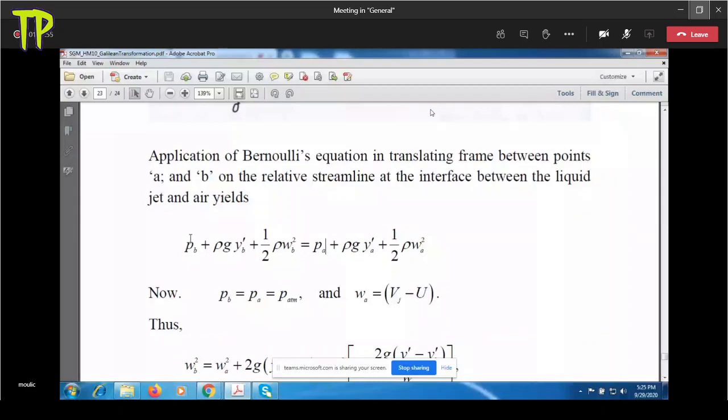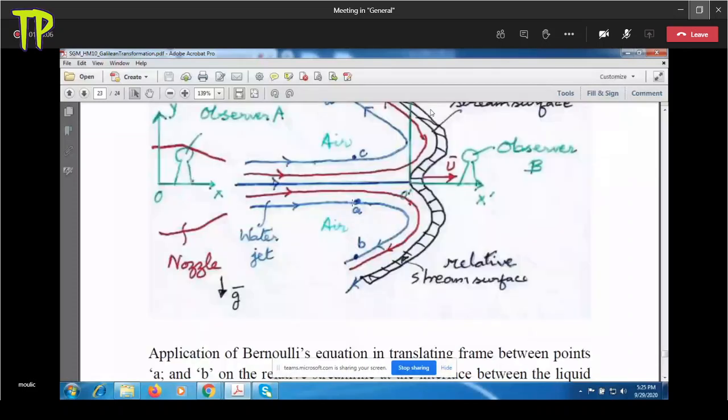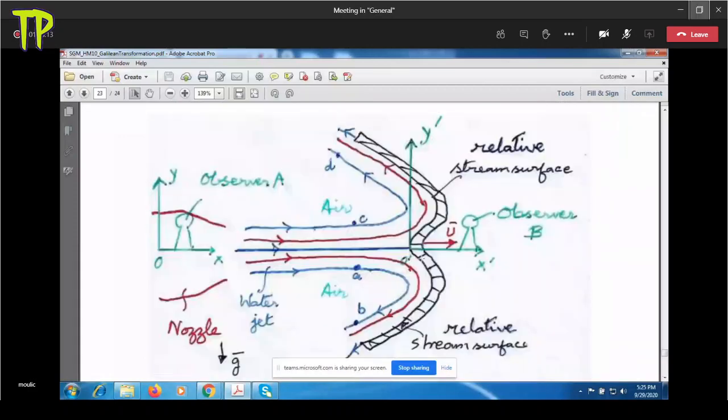So the first term on the left hand side and the first term on the right hand side will cancel out. And WA here, we expect to be the water jet absolute velocity Vj minus the speed of the moving bucket. So that's the relative velocity.